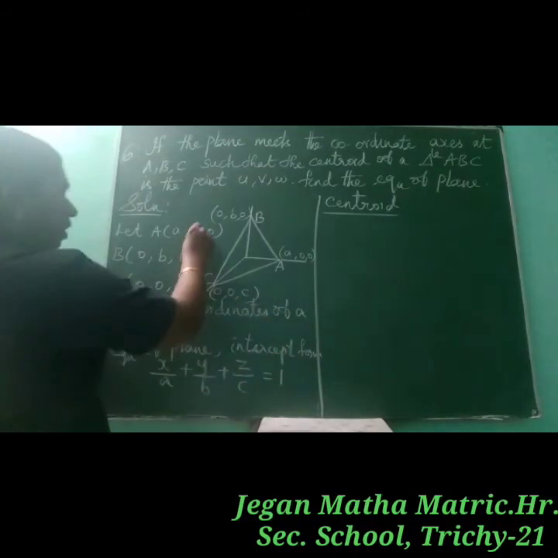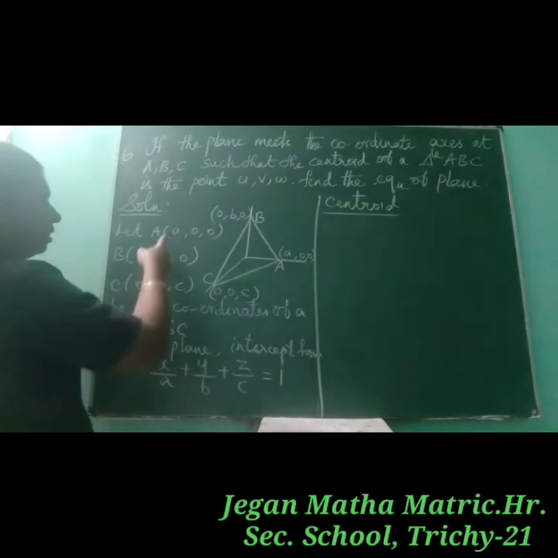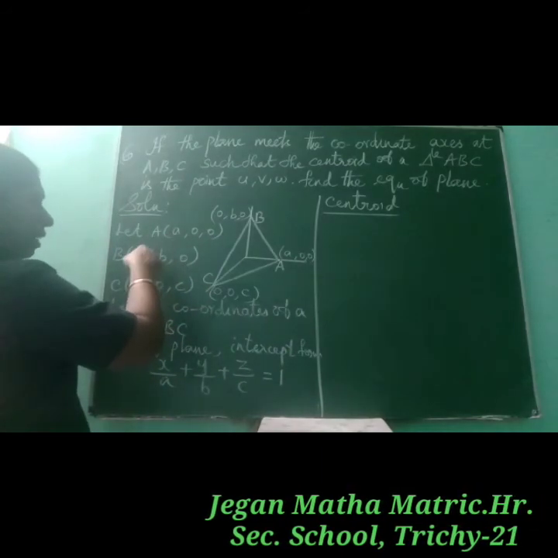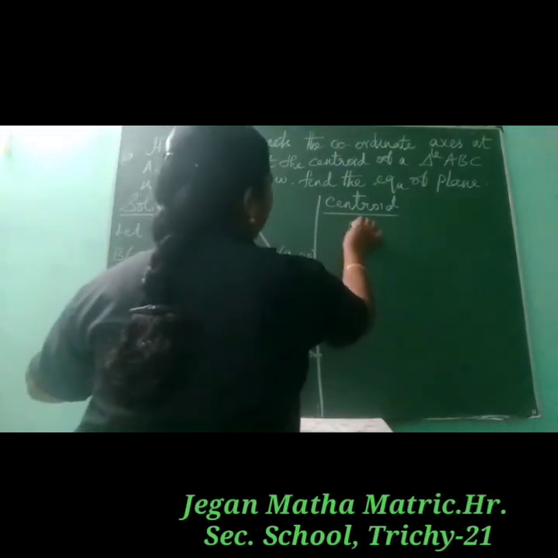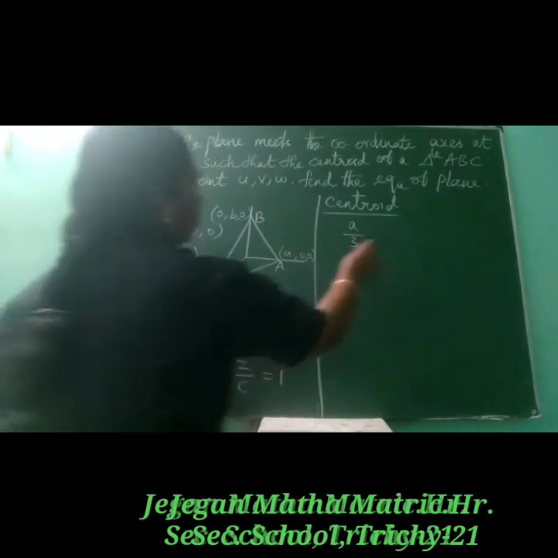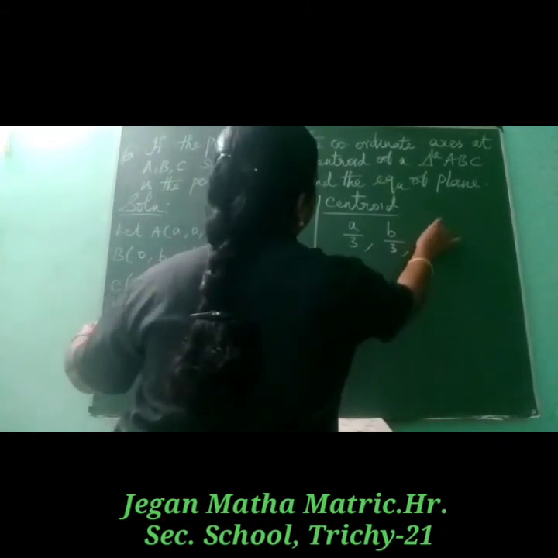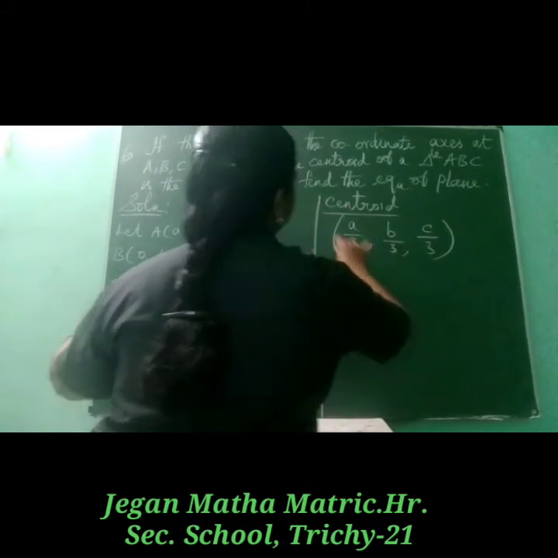Here, in the first vertex only a is nonzero, the other coordinates are 0. So the centroid of this triangle is a by 3, b by 3 and c by 3.